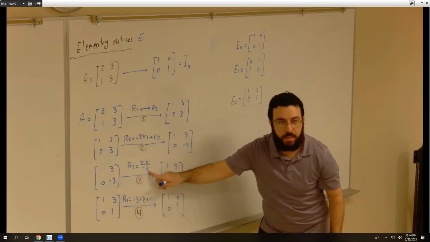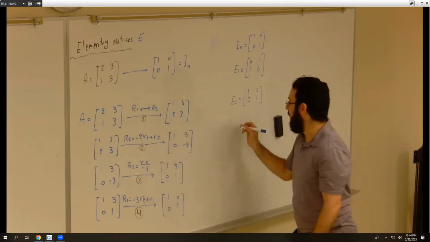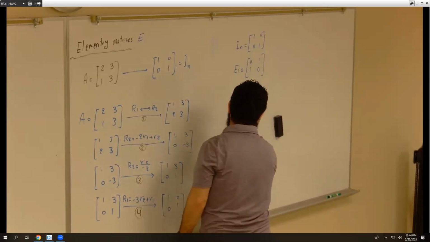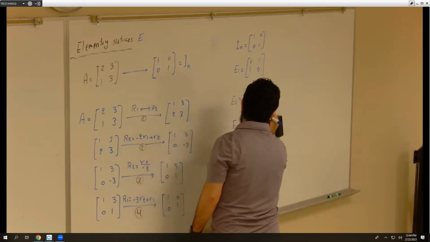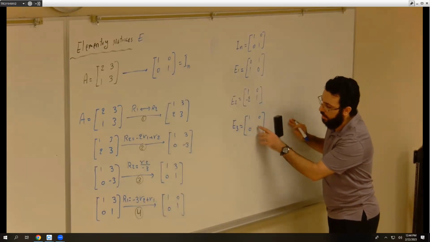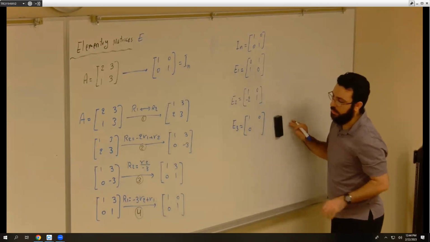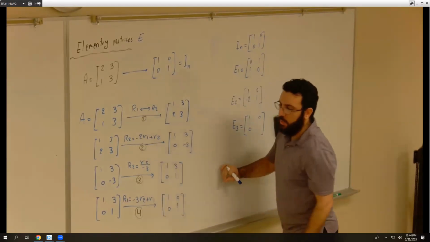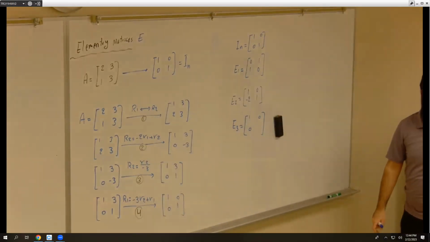So I'm going to write down here's E3. 1, 0, 0, 1. Which location? Here. What's the number you have here? What am I going to write down here? It's a division. Your third.